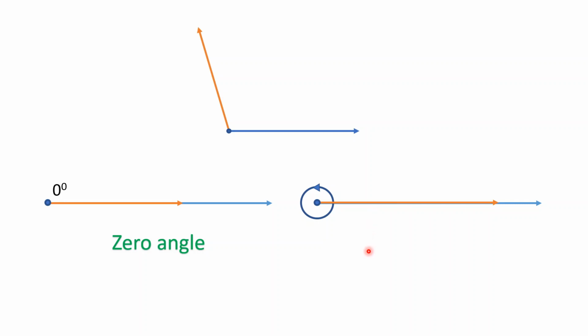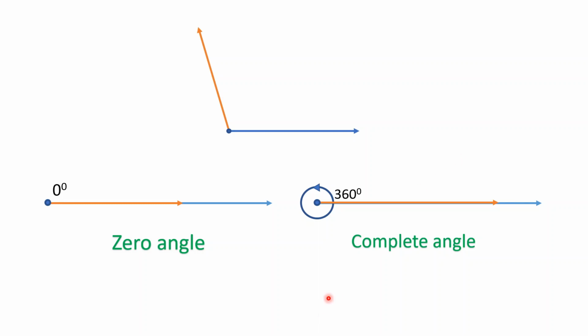So this angle is called complete angle, and its measure is considered to be 360 degree. 0 degree for 0 rotation and 360 degree for complete rotation. All the angles have measures between 0 degree and 360 degree.